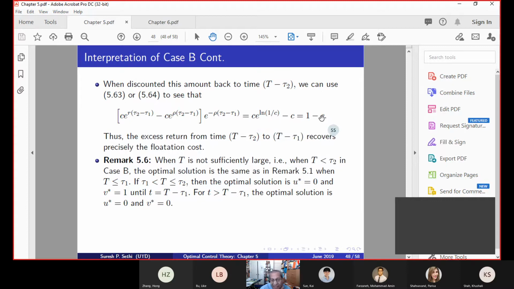So 1 minus C is going to the broker. So you can see the excess earning that we need to earn during this time actually goes to the broker.